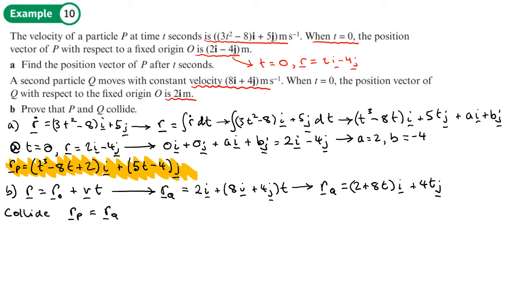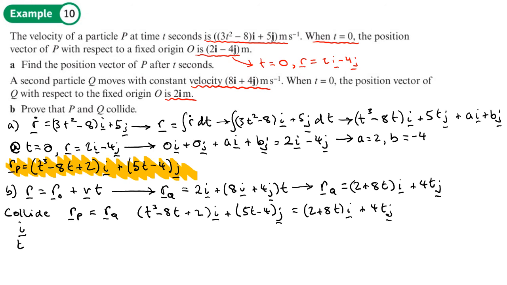So rp is this (t cubed minus 8t plus 2)i plus (5t minus 4)j, and that should equal the (2 plus 8t)i plus 4tj. We solve this by equating together the i parts and the j parts. So let's do the i parts.